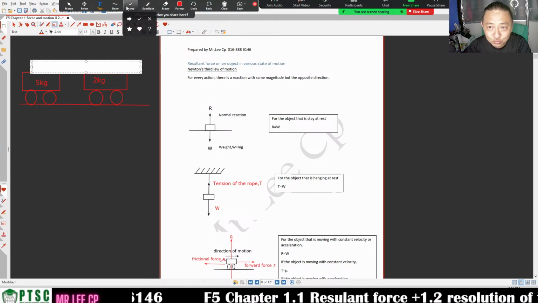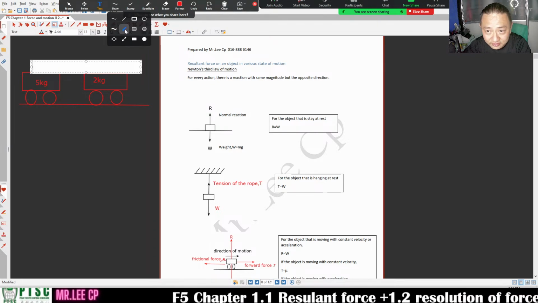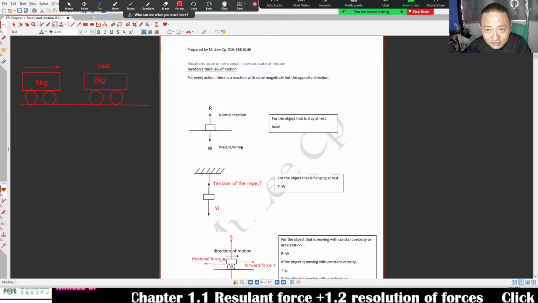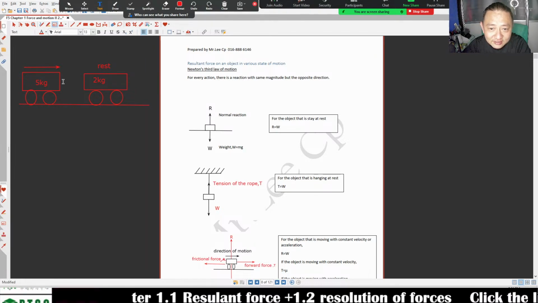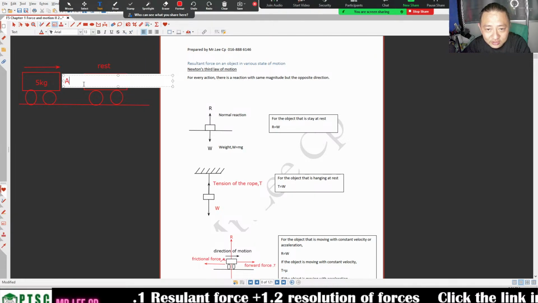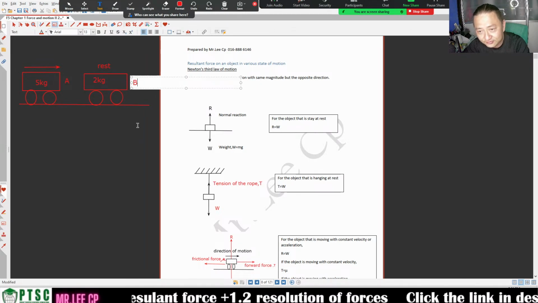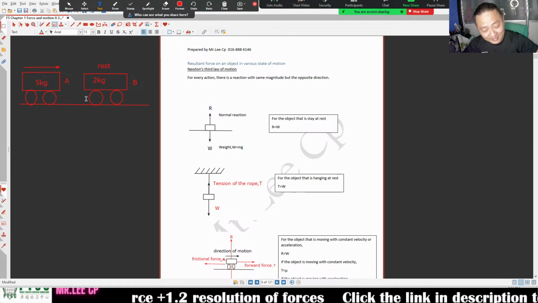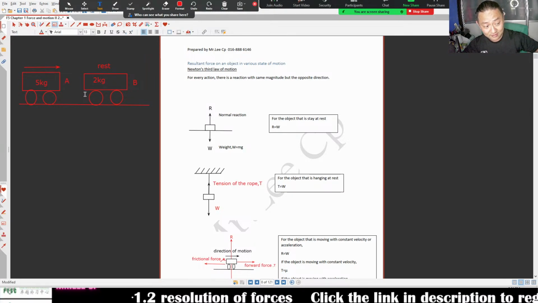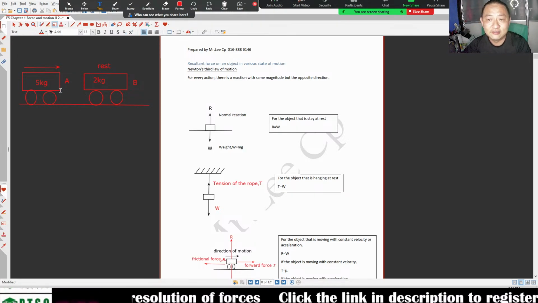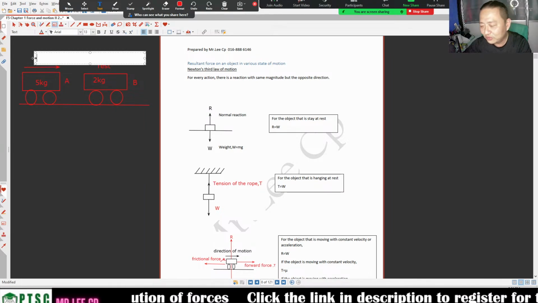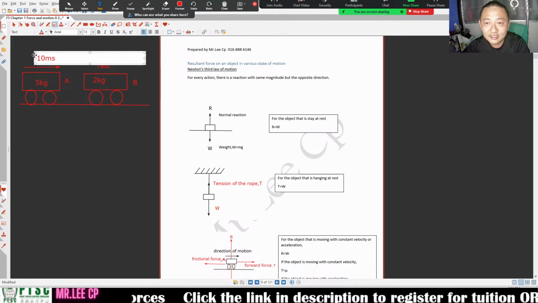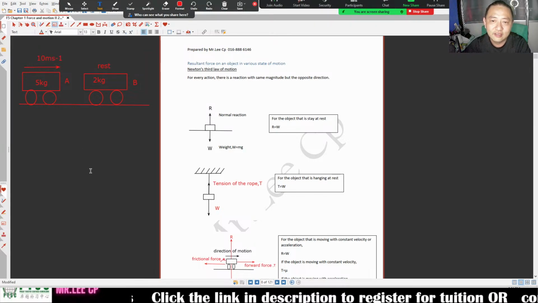This one is moving with acceleration to hit this trolley. I have two trolleys, I name them A and B. This one no need to copy, just understand. Let's say this one is moving with 10 m/s.